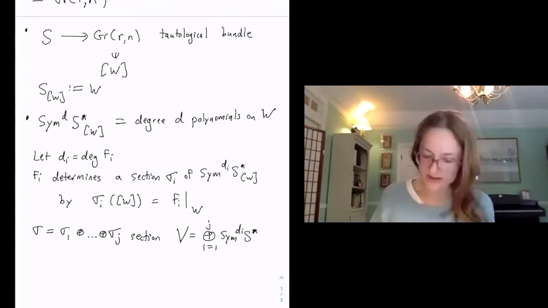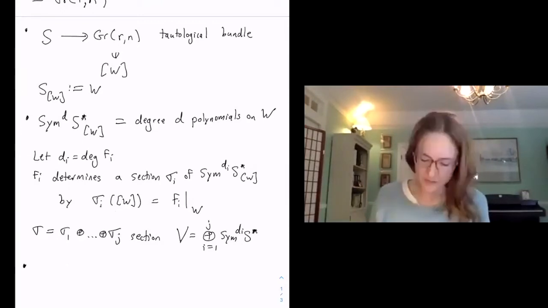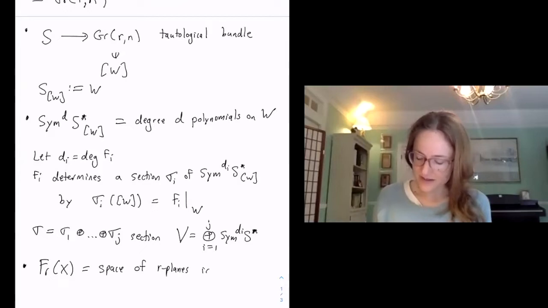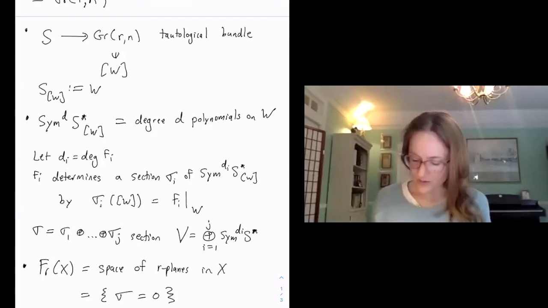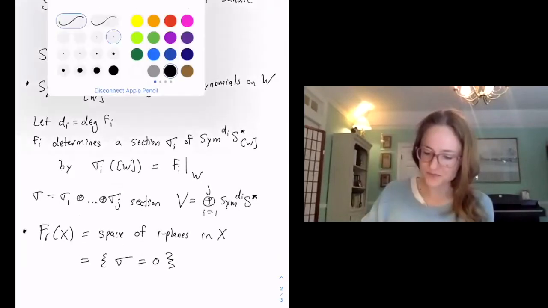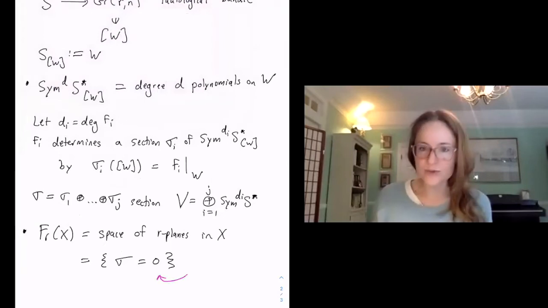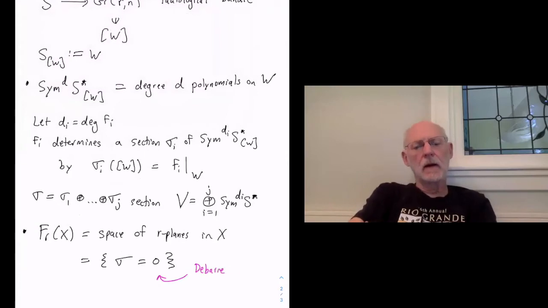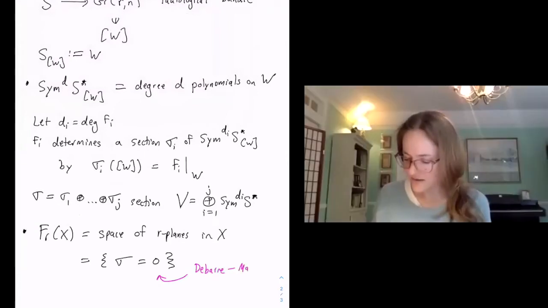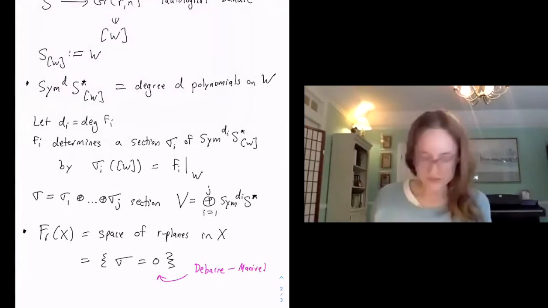Now we can express the space of all r-planes in X as the zeros of this section. So let F_r(X) be the space of r-planes in X. It's the subscheme of the Grassmannian determined by sigma equals 0. And it's a result of Debarre-Manivel that for generic Fi, this is smooth of the expected dimension.